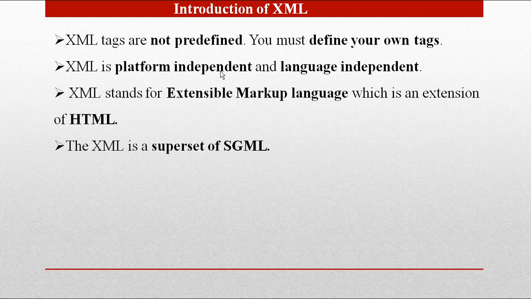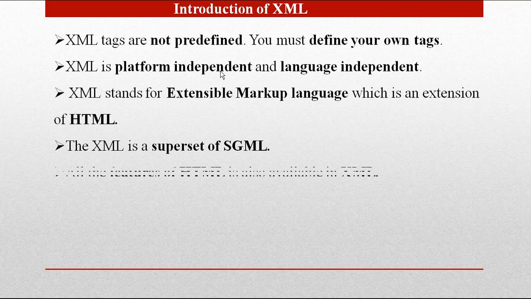XML stands for Extensible Markup Language, and it is an extension of HTML, which I already told you. XML is a superset of HTML. HTML was developed earlier, and after that XML was released and took shape in 1998.